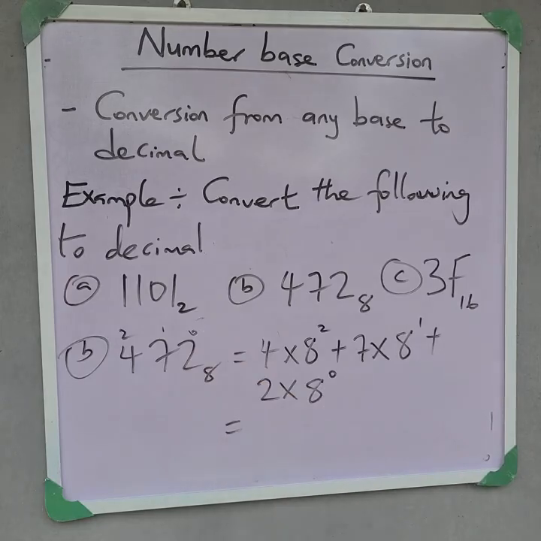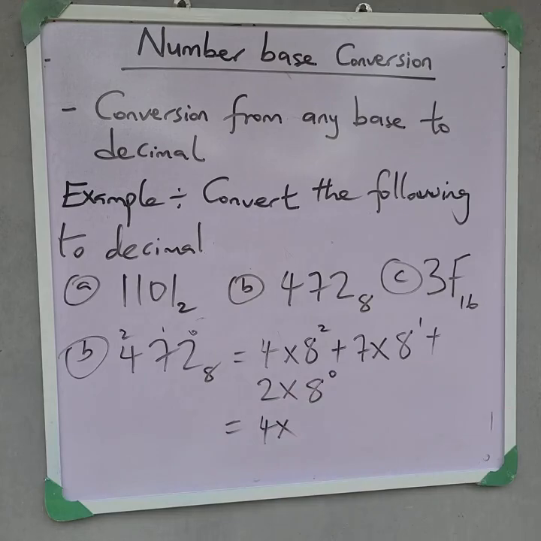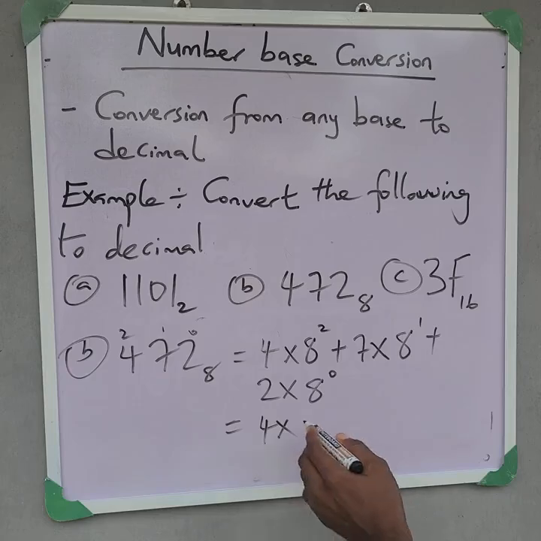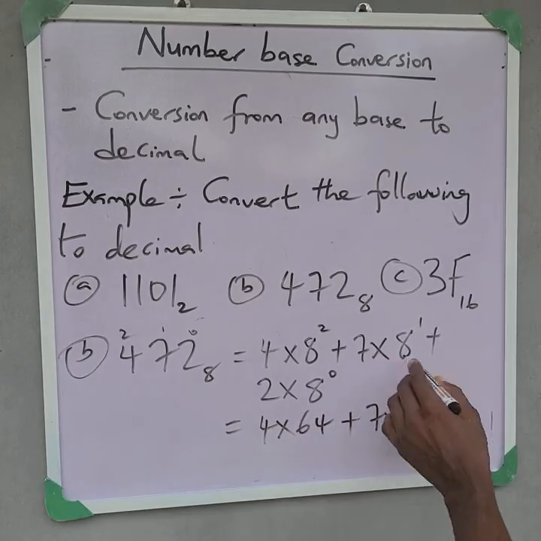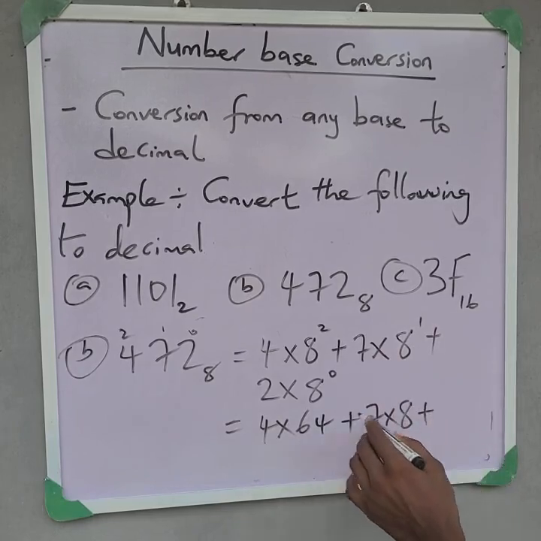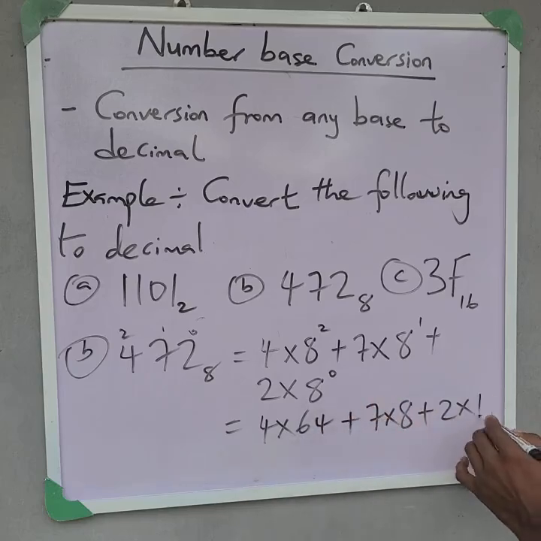So you write 4 times 8 raised to power 2. 8 raised to power 2 is 64. Plus 7 times 8 raised to power 1 is 8, plus 2 times 8 raised to power 0 is 1. Anything raised to power 0 is 1.